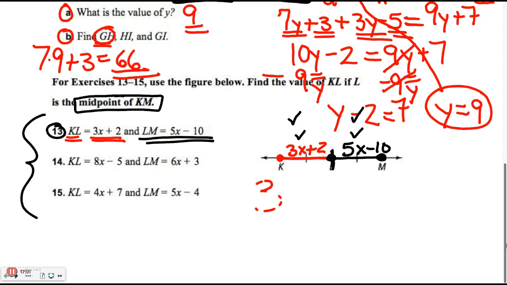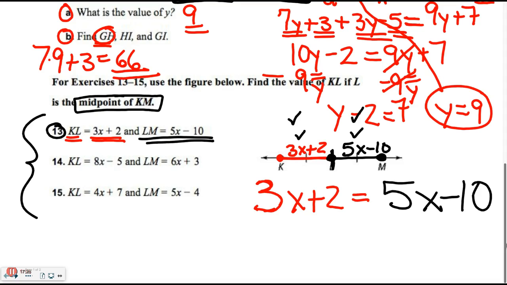Oh, there we go. So we're going to set 3x plus 2 equal to, I'm hoping it'll pop up here, but if not, just do 5x minus 10. I'm going to wait. It's on a lag. I have too many windows open, but go ahead and set 3x plus 2 equal to 5x minus 10.